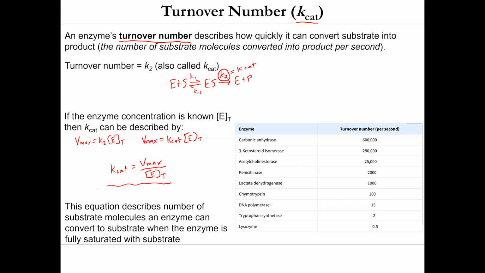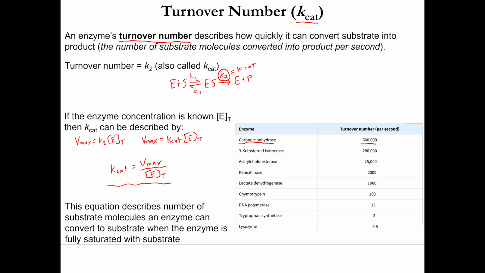So now we see this table here. You can see different turnover numbers for different enzymes, and carbonic anhydrase is on top. I mentioned in a previous lecture, carbonic anhydrase is one of the fastest enzymes known, converting CO2 to H2CO3, and its turnover number, its kcat, is 600,000 molecules per second.